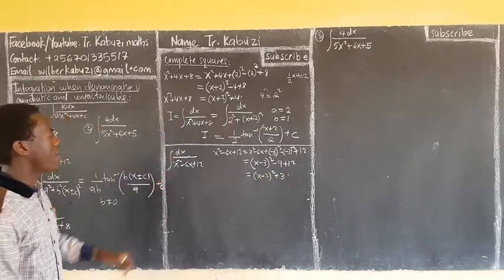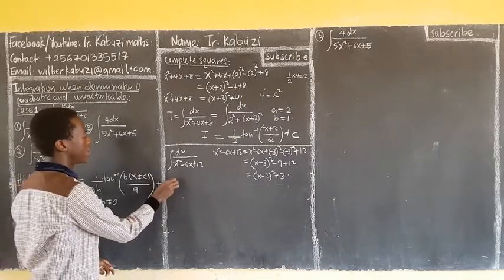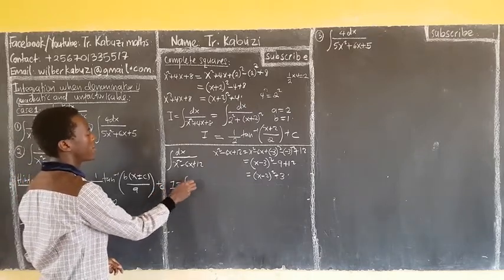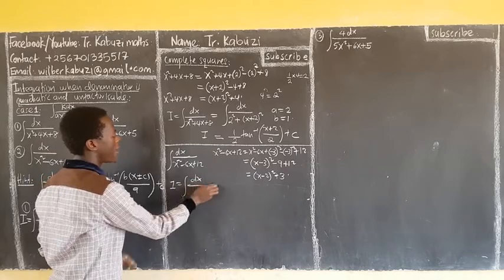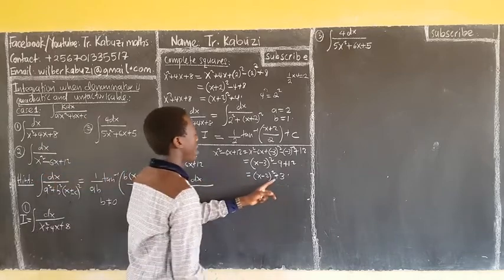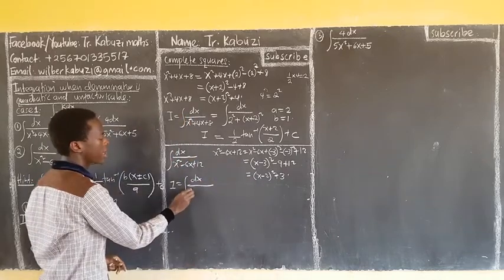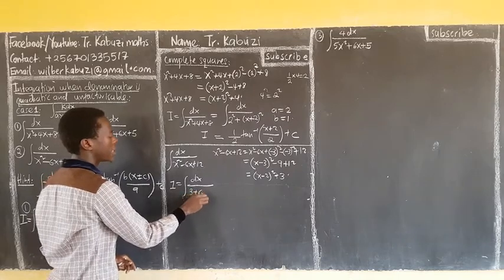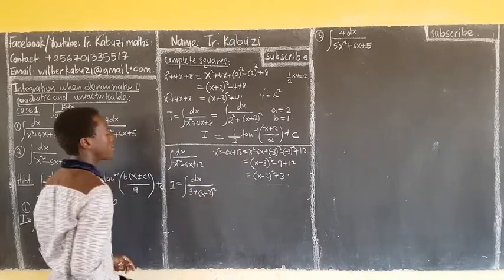So now I write this integral as the integral of dx over 3 plus x minus 3 the whole square.